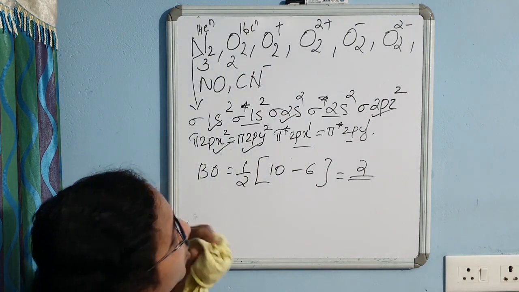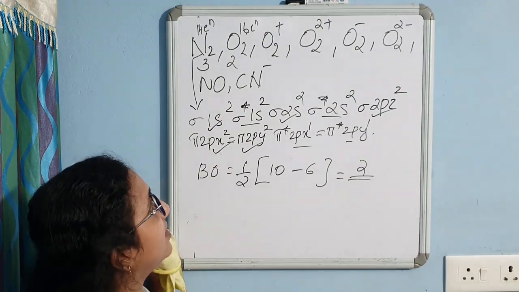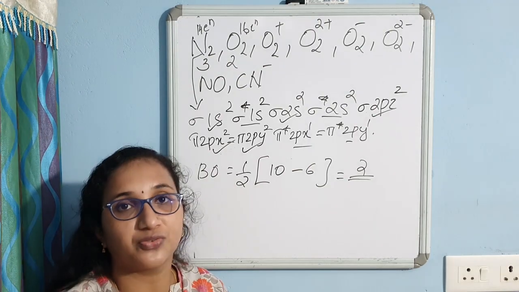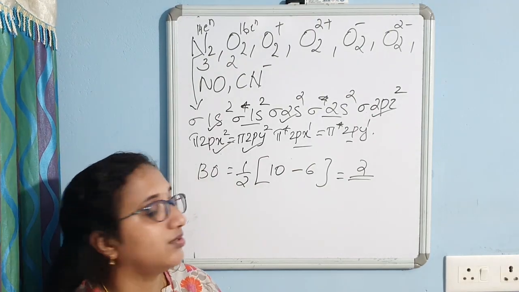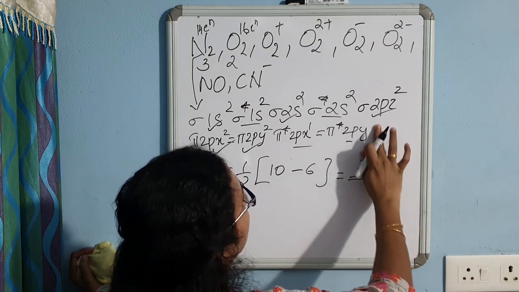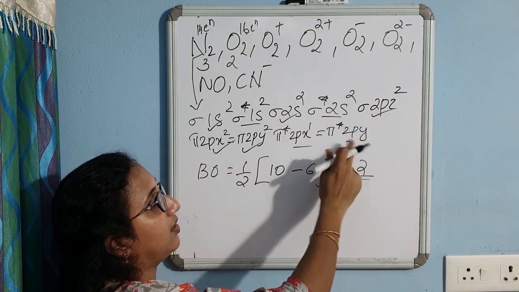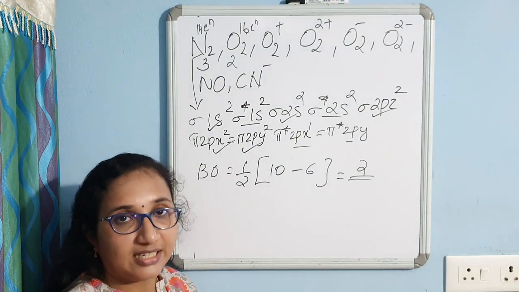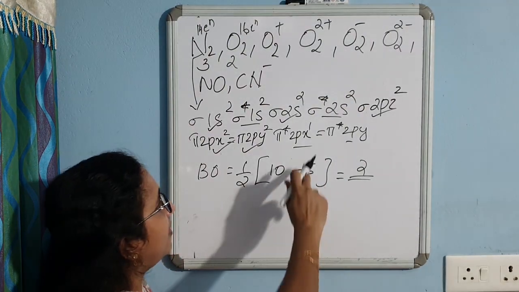Now let's take O2 plus. O2 plus means the number of electrons will be 15. One electron will be lost from the oxygen molecule. So it is 15 electrons. Since one electron is lost, we know it is from the highest energy pi star, from one of the anti-bonding pi star orbitals.